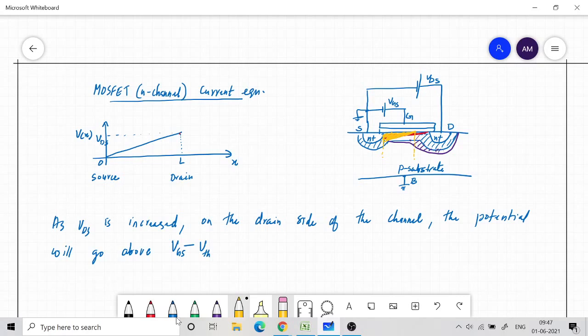In other words, on the gate side we have VGS and on the channel side we have VDS, and the difference is not greater than VTH, and as a result the inversion layer cannot exist on the drain side.